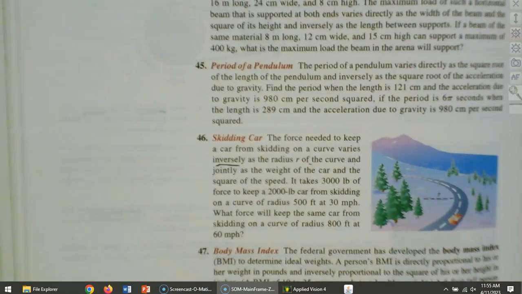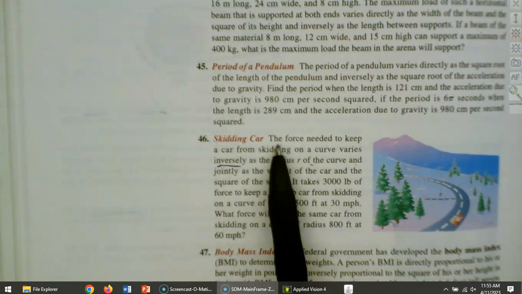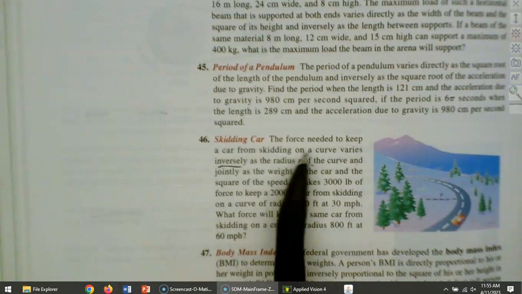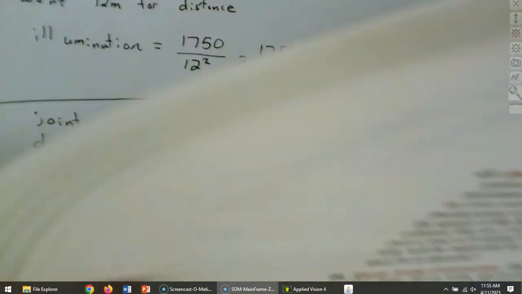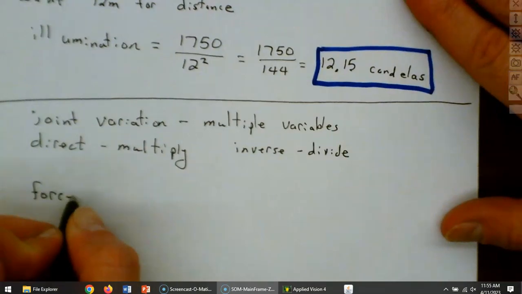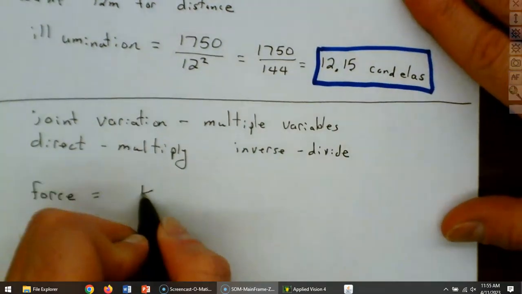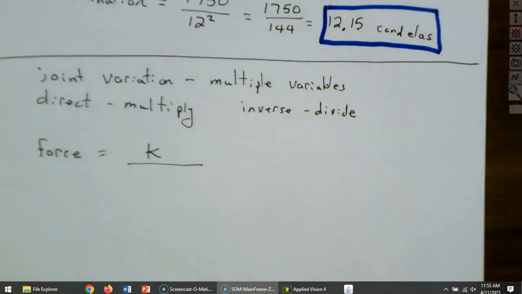So there are a lot of things going on. So let's see what we have. The force needed to keep a car from skidding on a curve varies inversely as the radius. So that's inverse, that means we divide. So our force is going to equal K, which we don't know, so we'll come back to that in a minute, inversely as the radius.